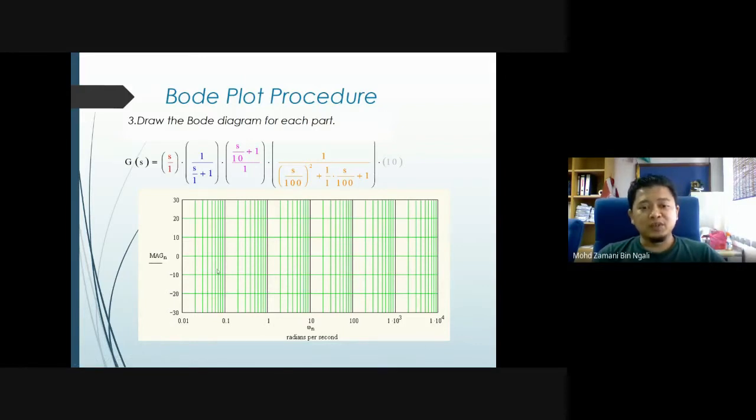We can see that the only linearly distributed point is every decade. We call 0.01 until 0.1 one decade, from here to here. From 0.1 to 1 is another decade. 1 to 10 is one decade. 10 to 100 is another decade, and so on and so forth.